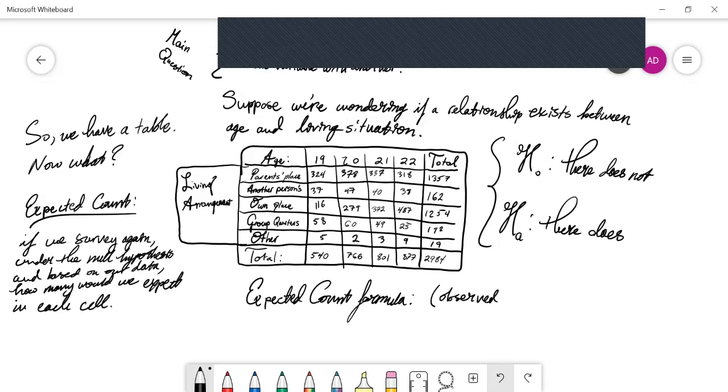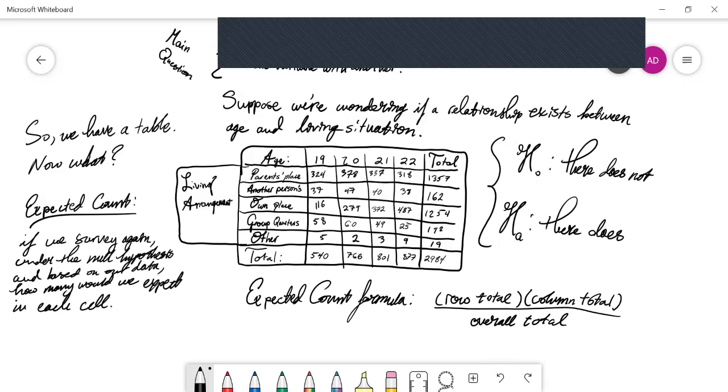Oh, sorry, wrong formula. This is going to be your row total times your column total over the overall total.